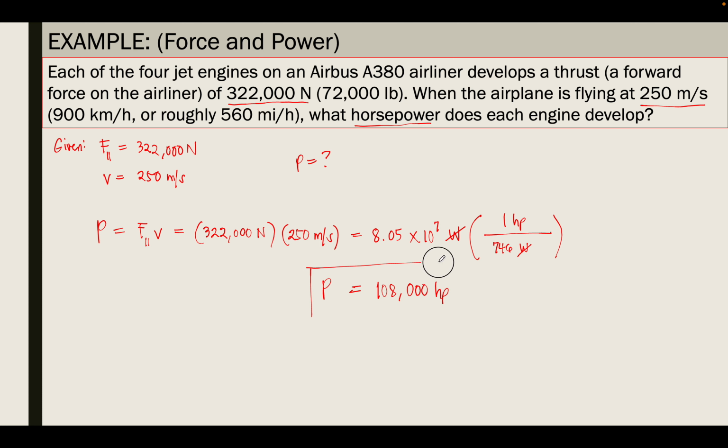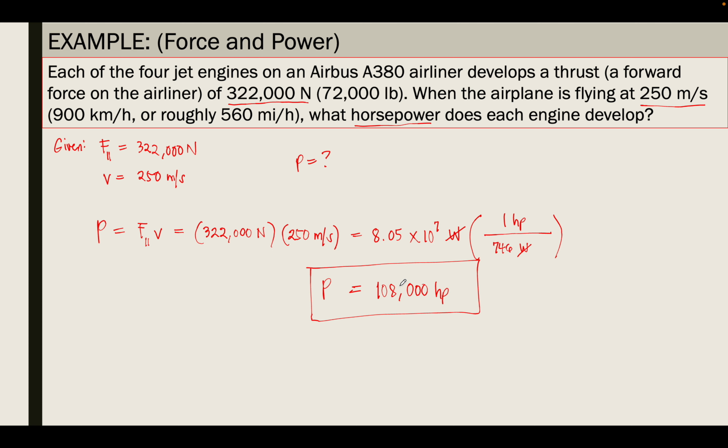Since each of the 4 jet engines, each engine has a power of 108,000 horsepower. So this is for example number 1.